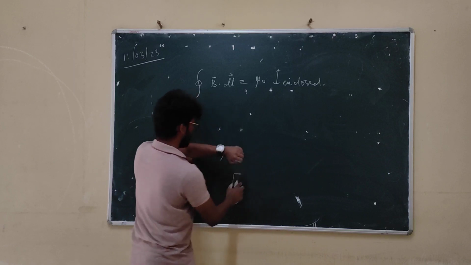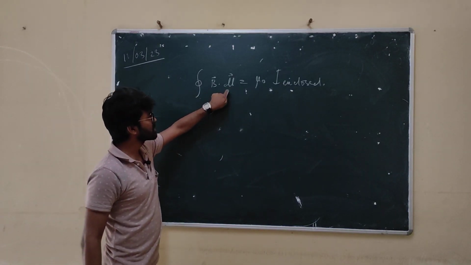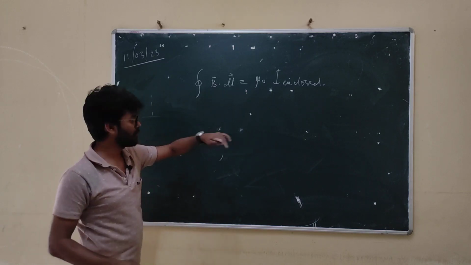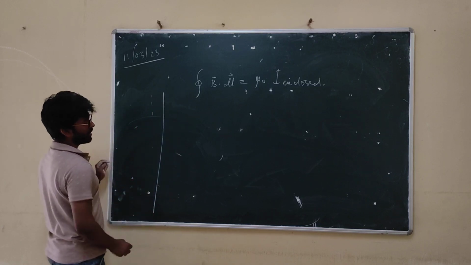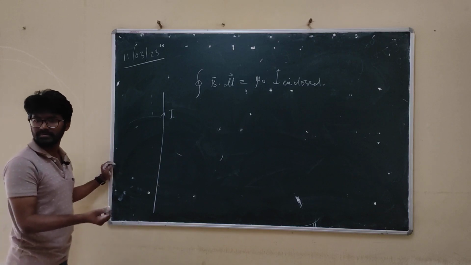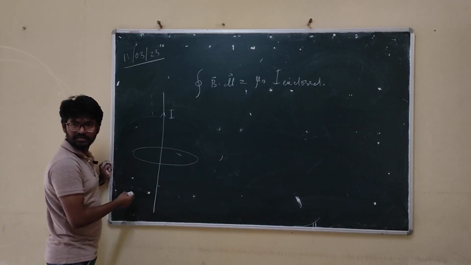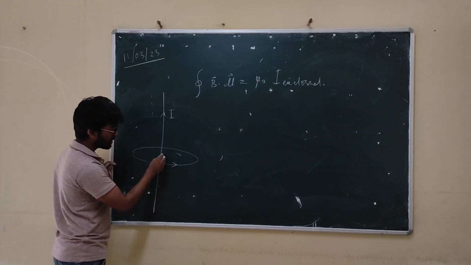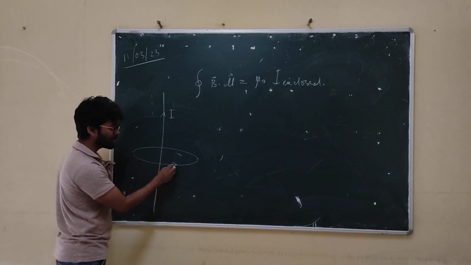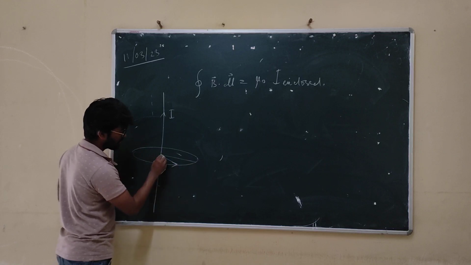Similarly, Ampere's circuital law is useful when the loop is symmetric about your current. For example, let's take an infinite current wire, I. Take a circle around it, and that will have the same magnetic field at each point, because it's the same distance.